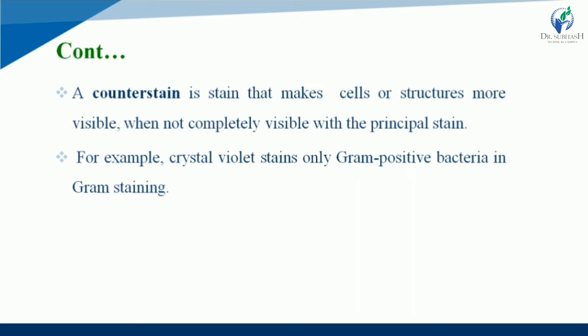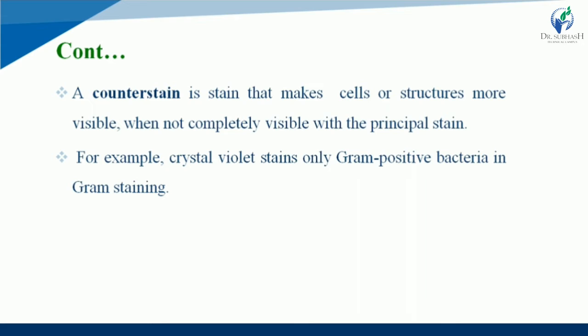So what is the role of a counterstain? A counterstain makes cells or structures more visible when they are not completely visible under the principal stain. So a counterstain is used when other stains do not work properly to make cell structures visible.